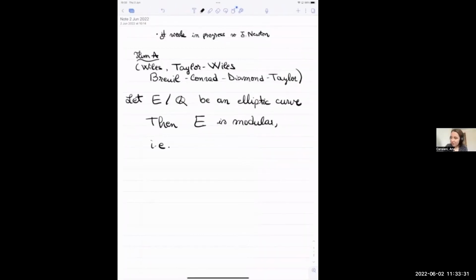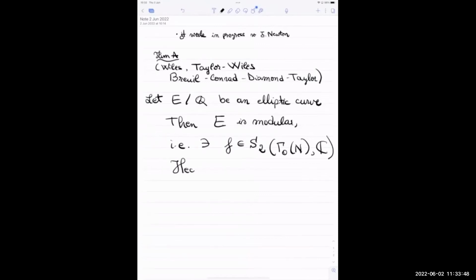But the way that I want to think about it in this talk is there exists a cusp form F, which has weight 2 and level gamma naught n for some integer n, and which is a Hecke eigenform. So an eigenform for all the Hecke operators for primes that do not divide n. And such that the following relation is satisfied.